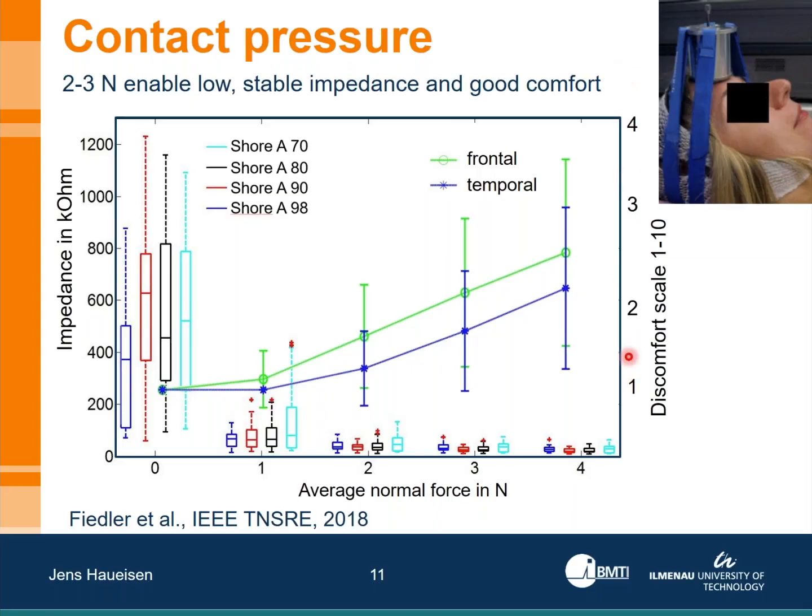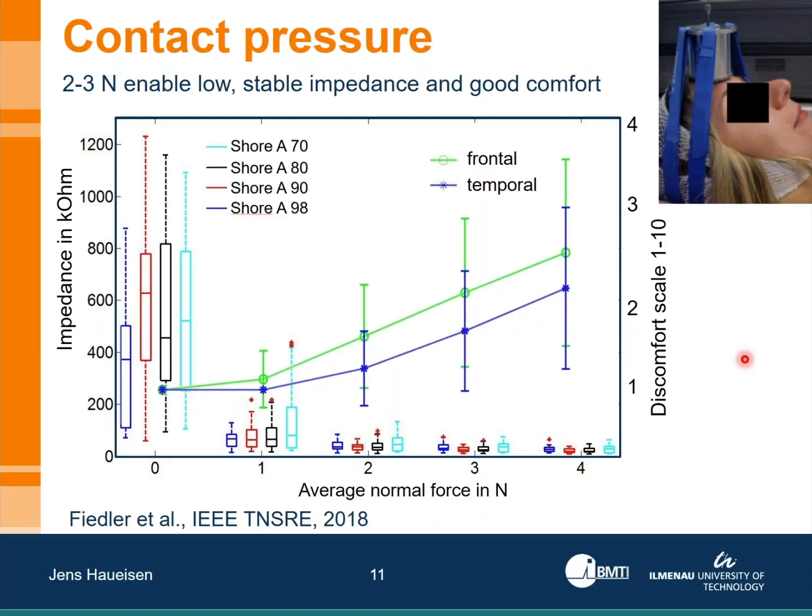We are in the range between 2, 3 and 4, which is the typical range for the volunteers in this study, where they rated the pressure at the different forces.